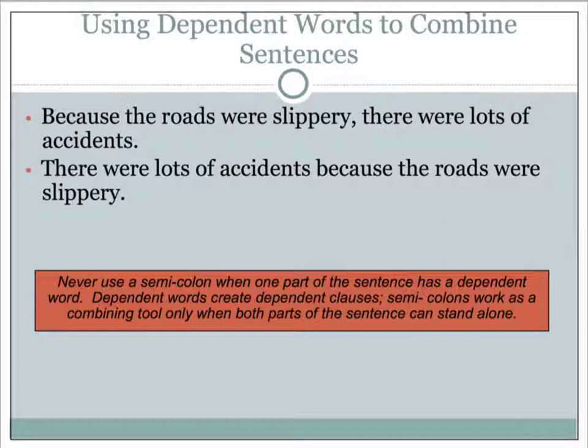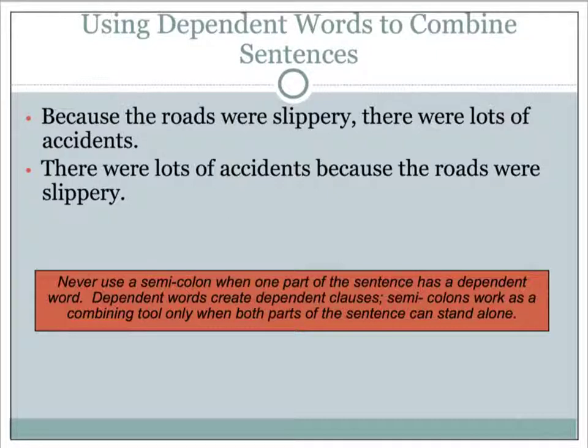I'd like to talk a little bit more about using these dependent words to combine sentences. So here are the two sentences you saw on the previous slide. You could also have said since. Since implies the same thing as because. Since the roads were slippery, there were lots of accidents. Here's the rule to remember.